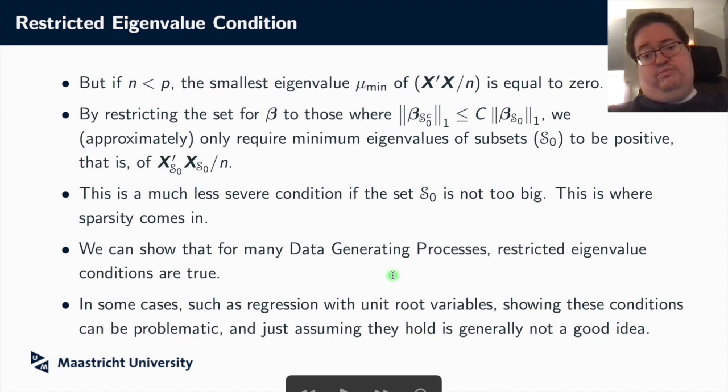Take co-integration, right? Then if you would want to apply the lasso, it's very problematic to show that these conditions hold. So we should be a bit careful with these restricted eigenvalue conditions, but the practical takeaway is: if you don't have time series variables which have unit roots, you're pretty much okay using the lasso. If you do, you should be a bit careful.